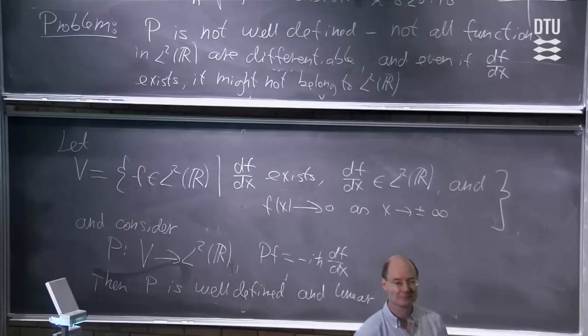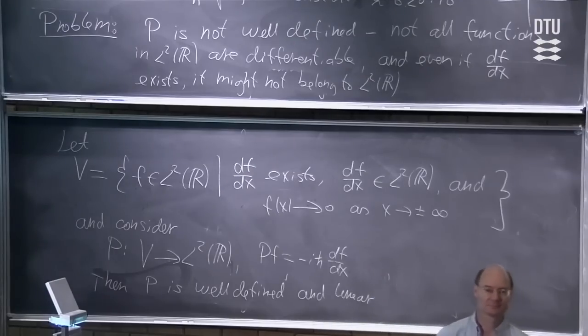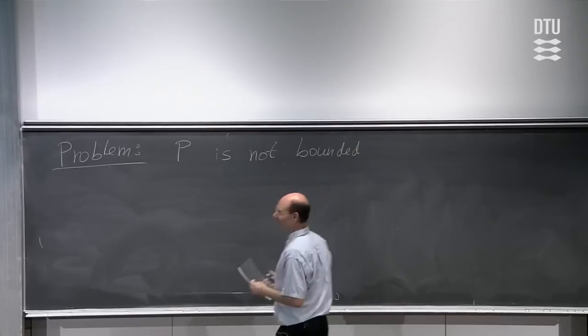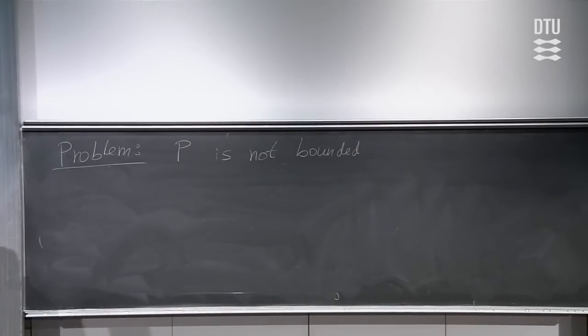I remember we had an example with a differential operator which was not bounded. Is that the problem? So you guess that the problem is that P is unbounded. That's a very good answer. Let's look at what you are saying. You say we had this exercise, and then the conclusion of this exercise was that the differential operator was unbounded.